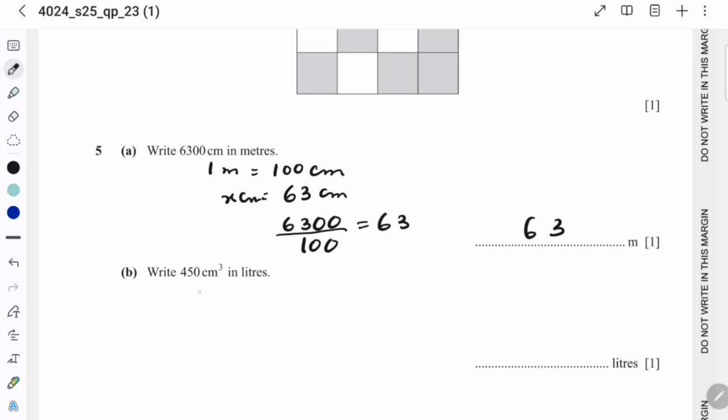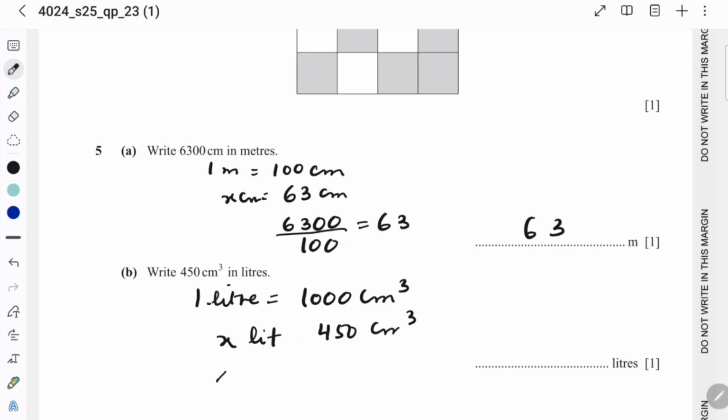So we know that 1 liter is equal to 1000 cubic centimeters, and 450 cubic centimeters is equal to x liters. This way also you will only divide: 450 times 1 divided by 1000.